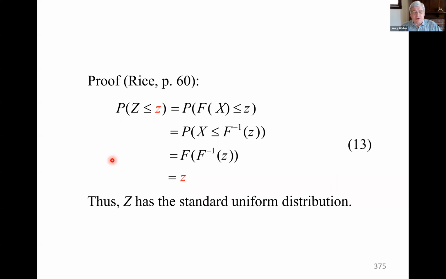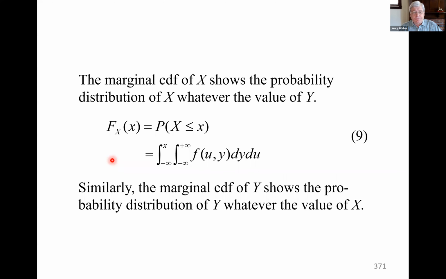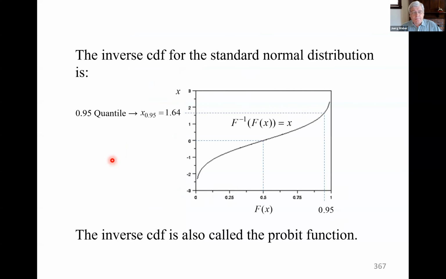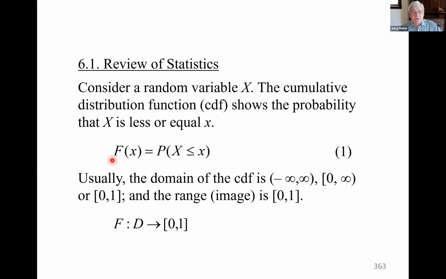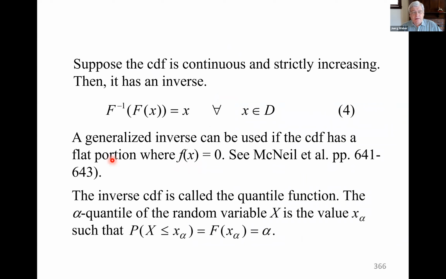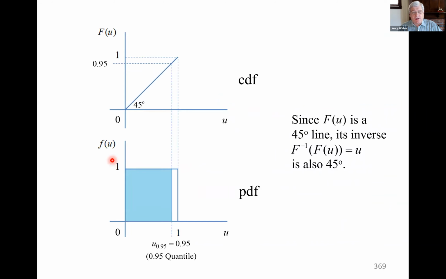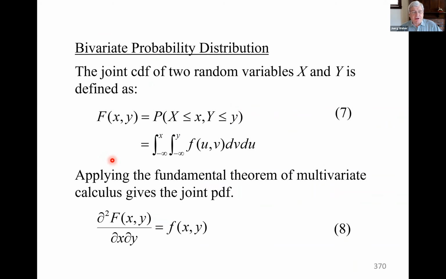Let's go back to the earlier notation. You see here, if I have a cumulative distribution function with two random variables, so the probability x is smaller than critical value x, y is smaller than critical value y.